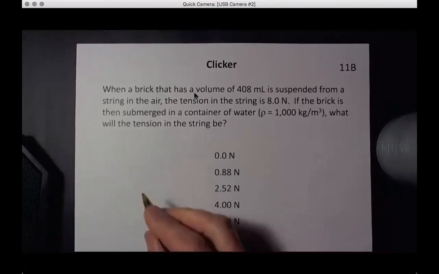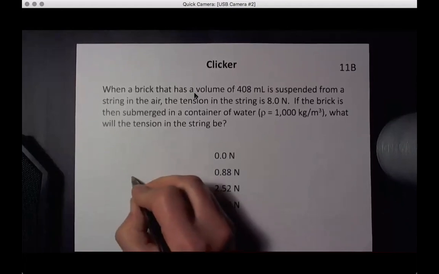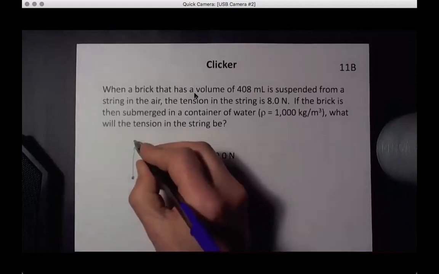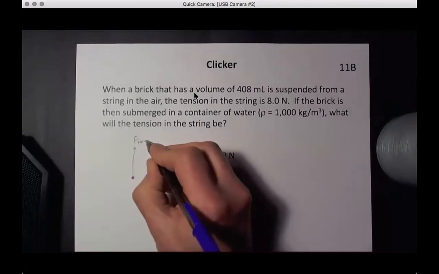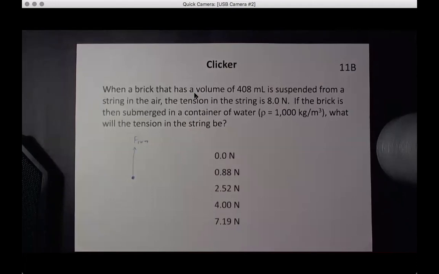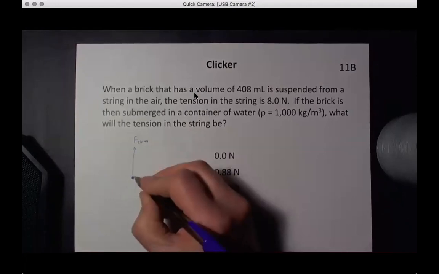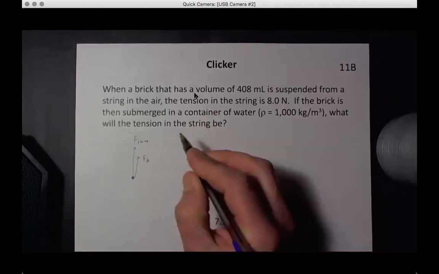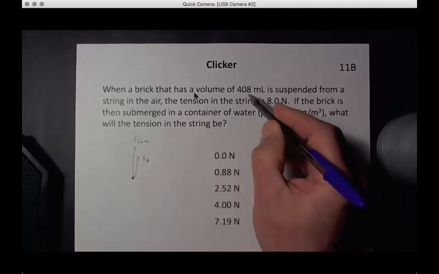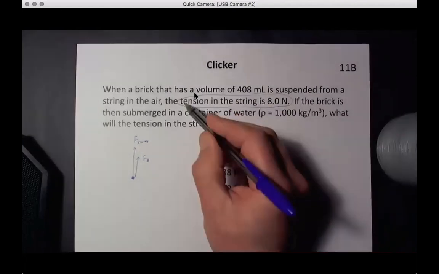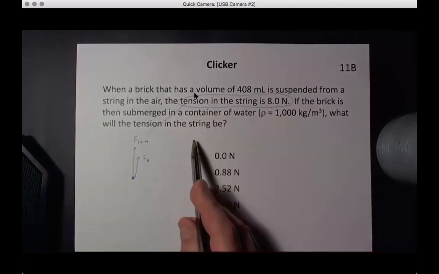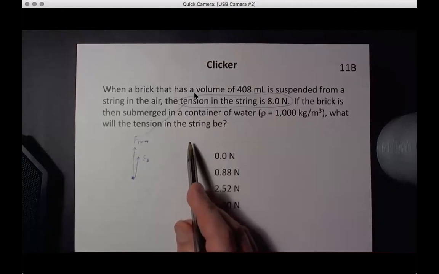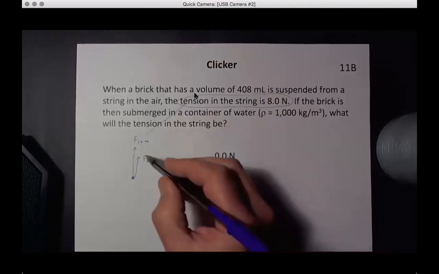What is the tension in the string? Okay, so the force of the string is going up, and that's 8 newtons. We have the force of buoyancy going up. Wait a minute, this is suspended from the string and this is air, right?